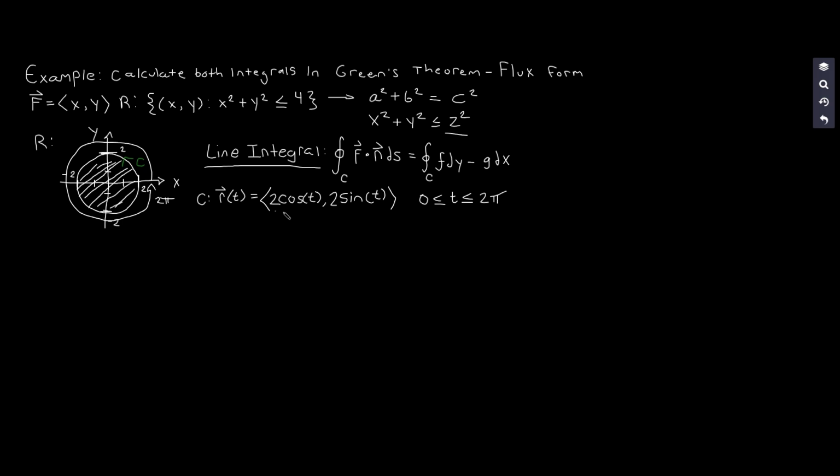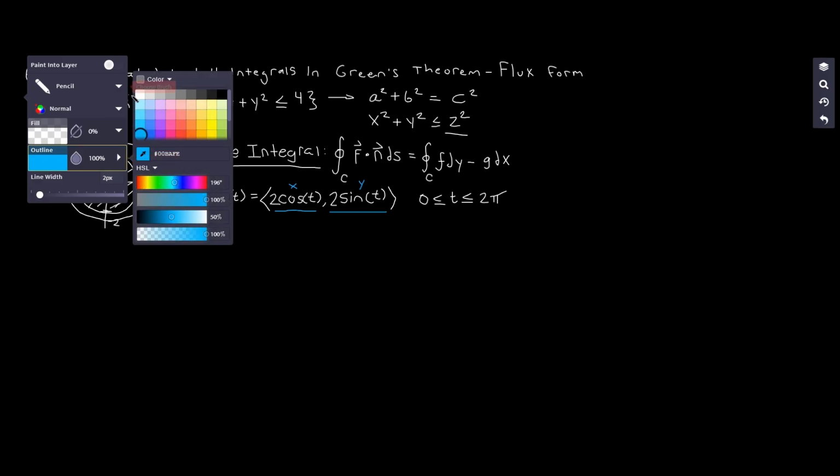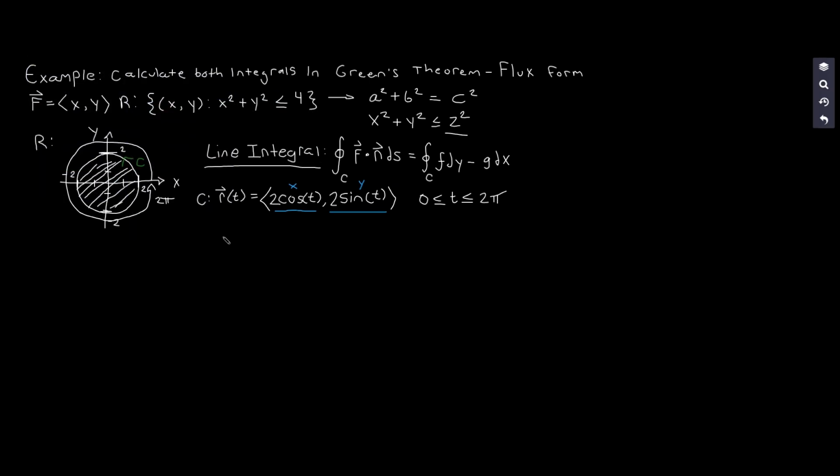This is our x, and this is our y. And we need the derivative. We need the derivative vector of vector r of t. That is vector r prime of t.